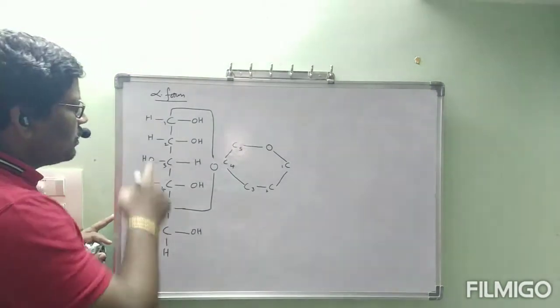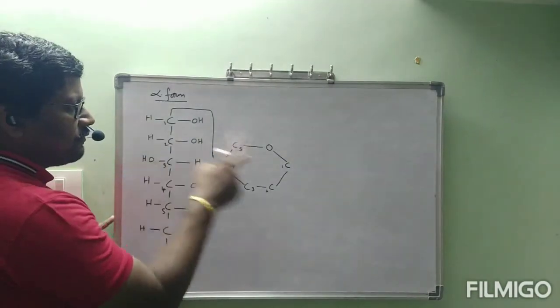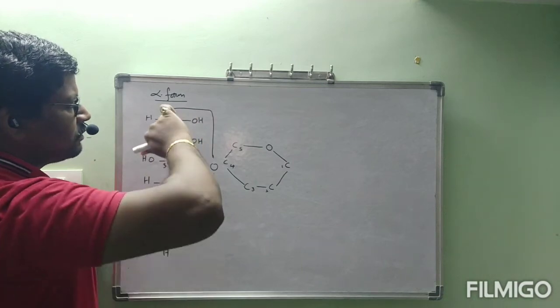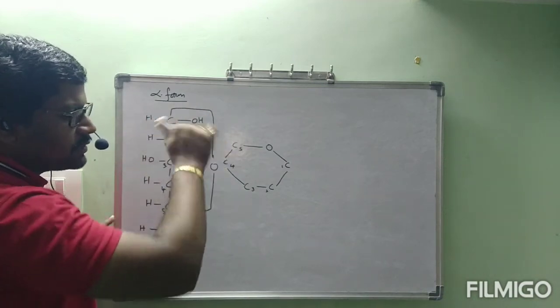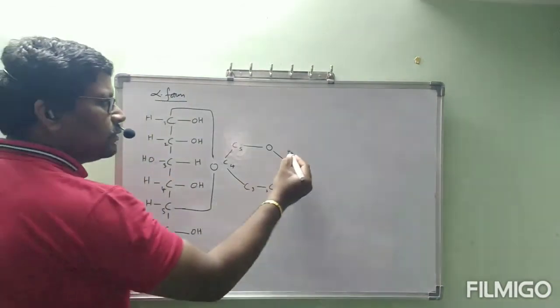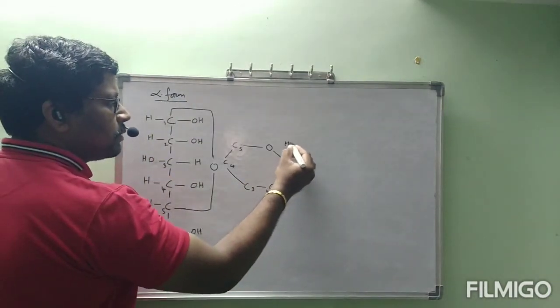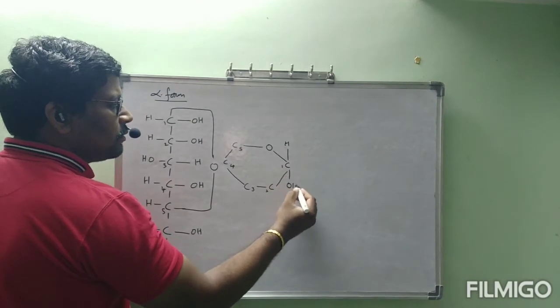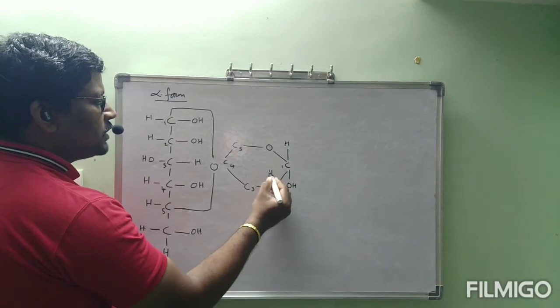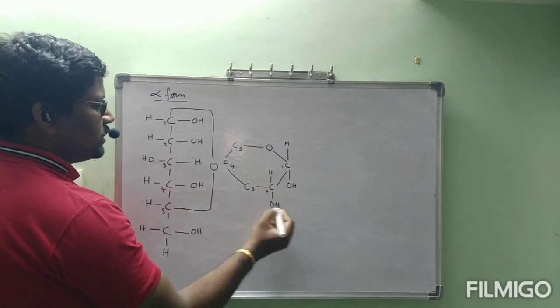Okay, now on C1, the first carbon, we have H and OH like this. We have to turn in the clockwise direction now. Then H will come above, OH will come below. Second carbon, above H, below OH.